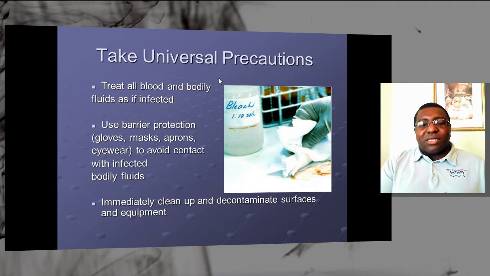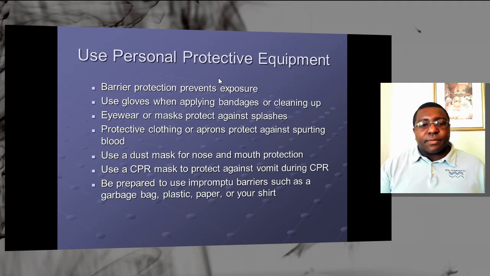Use a 1 to 10 ratio, meaning for every milliliter of bleach, you use 10 milliliters of water, and that's good enough to disinfect any of the area or the surface that you're working with.